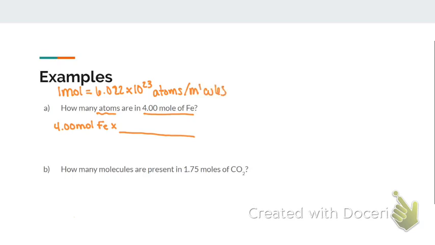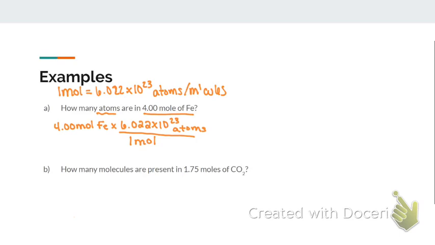Okay, so we have 4 moles. So based on the unit you have, that's the unit that's going to go in the bottom. So that's going to be the 1 mole portion of my conversion factor. The top piece is going to be the constant 6.022 times 10 to the 23rd. And this is going to be atoms because it's only iron.